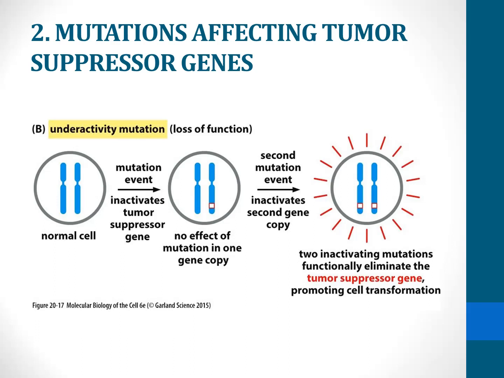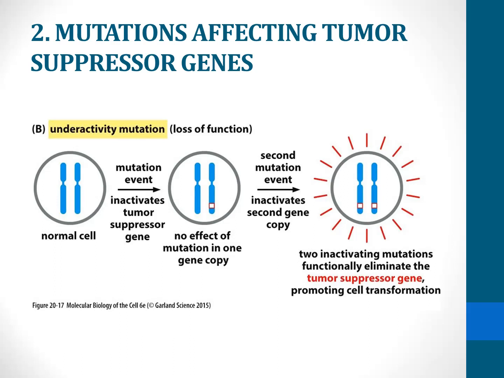When tumor suppressor genes undergo mutation, these types of mutations are loss of function mutations. So the function of tumor suppressor genes, which is to inhibit the growth of cells, is lost, and these types of genes require mutations in both the alleles for the function of the tumor suppressor gene to be lost. So here you can see in the picture, there is a normal cell.